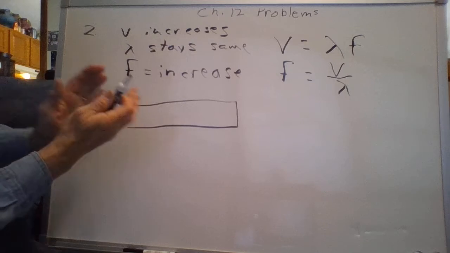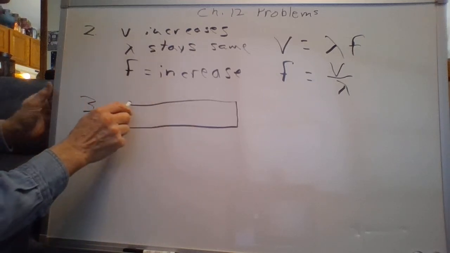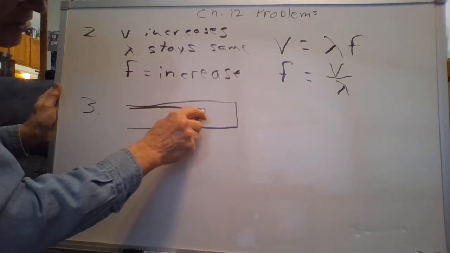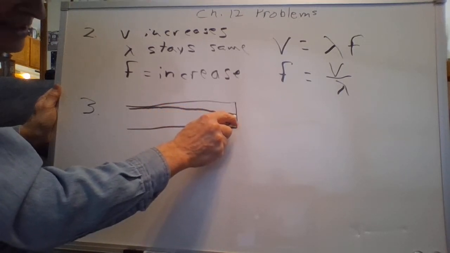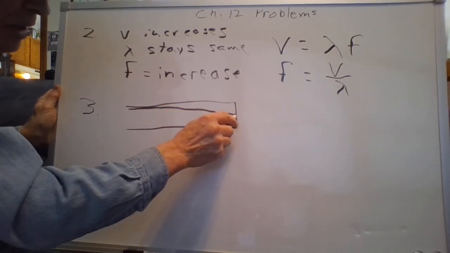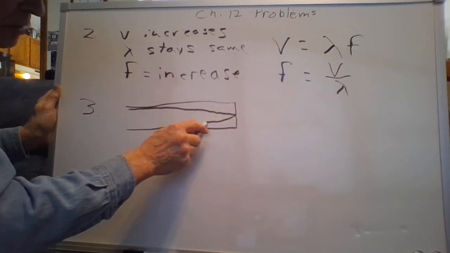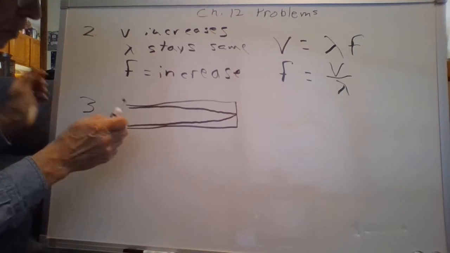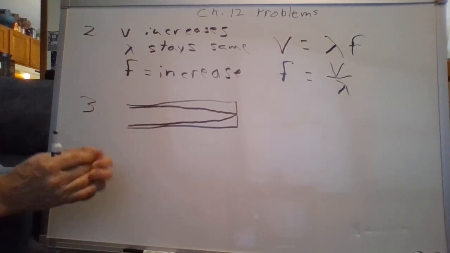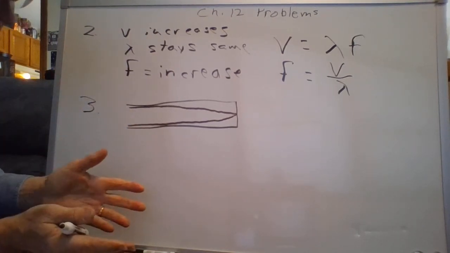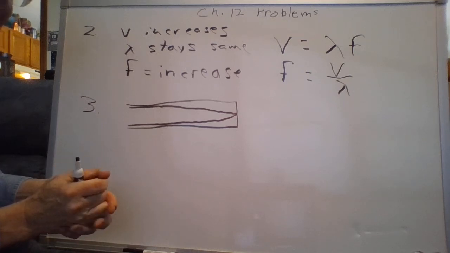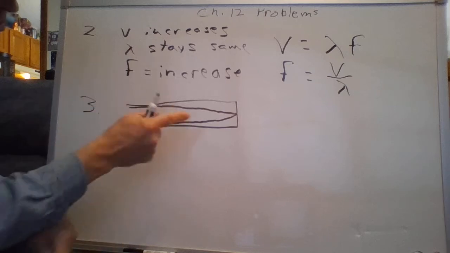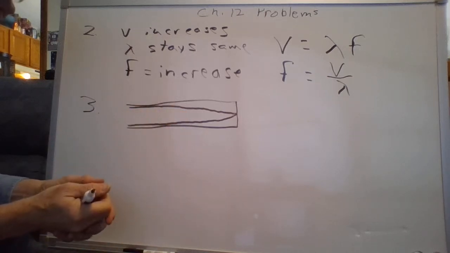They're actually compressions and rarefactions, but I'll draw it graphically. The pressure would be high there. You might call it a crest if you want to. It hits the back wall and flips over and becomes a trough. So we represent the wave as a transverse wave, even though it's actually a compressional or a longitudinal wave. That's a way of representing that.